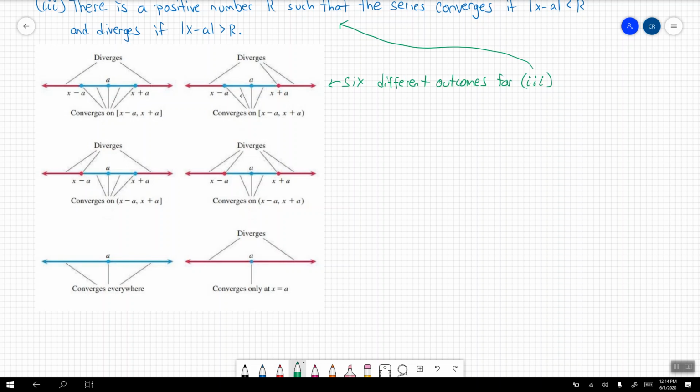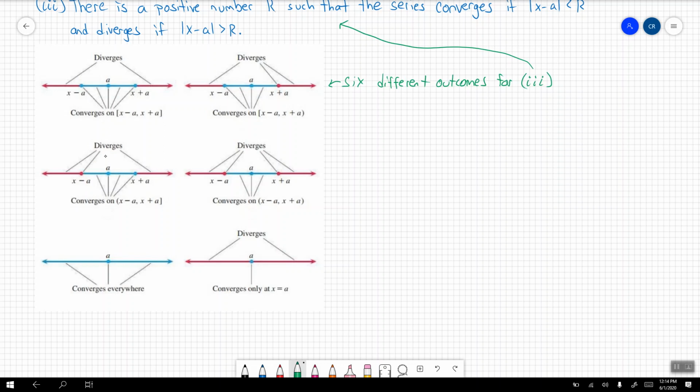The second example right next to it on the right does not converge for the point on the right in here. It only converges for the point on the left, the interval, and that's it. We use a parenthesis to denote exclusion here on this interval of convergence.